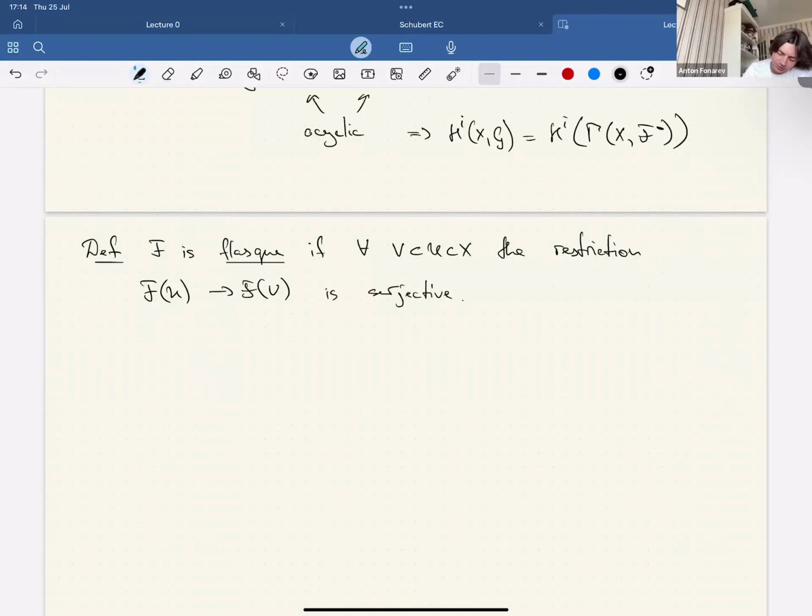So here is a non-example, and it's a very important non-example. So the non-example specifically says that if you consider the constant sheaves, they're also called locally constant.